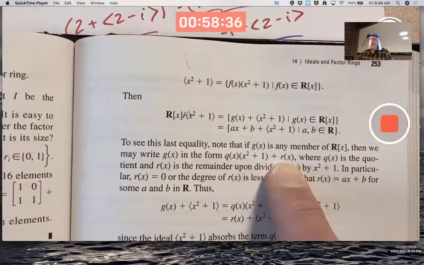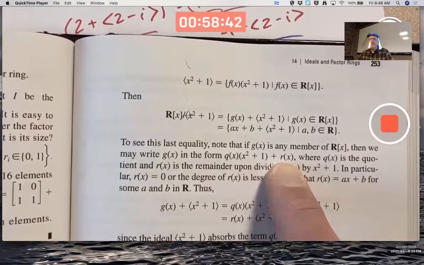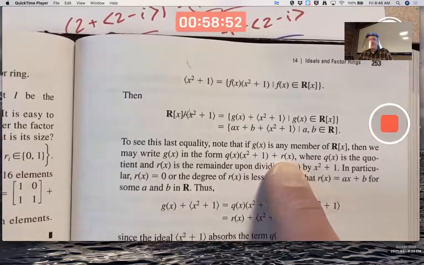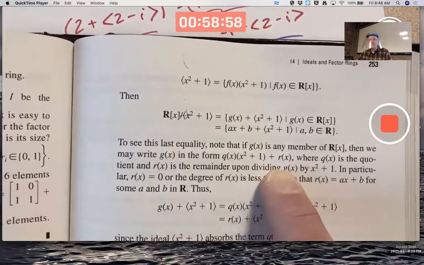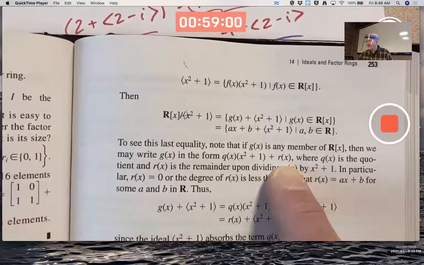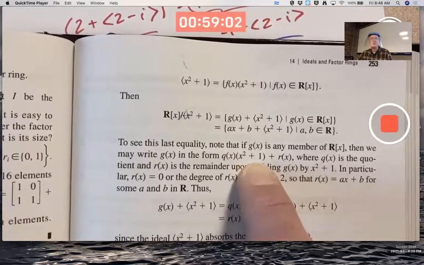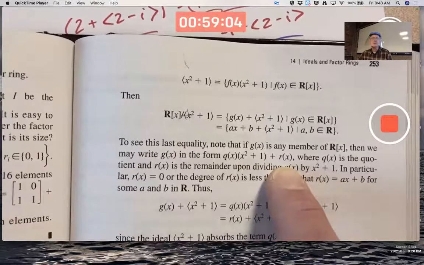Just like when you divide numbers, 17 divided by 5 is 3 with a remainder of 2, right? 5 goes into 17 3 times with a remainder of 2. The remainder has to be less than what you divide by. 2 is less than 5. Similar kind of thing here. The degree of the remainder has to be smaller than that of what you're dividing by, x squared plus 1. So it's got to be a linear polynomial.